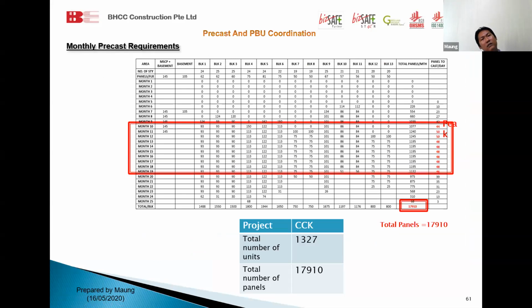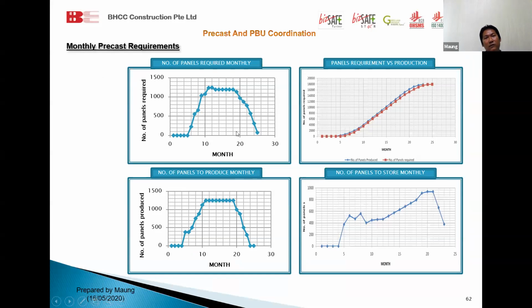For the production, you need to prepare your schedule so that you know how many members, how many components you need as per the block, so that the production side can plan for this. From there, you need to monitor whether they are on track as per your project requirements or whether there are delays.